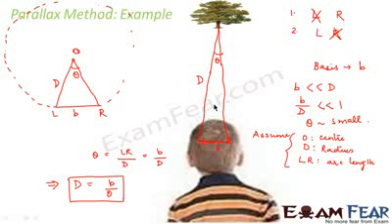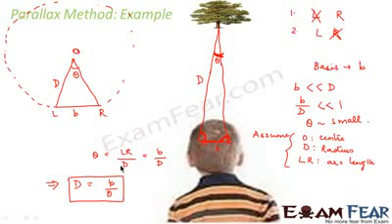Now you would ask me, practically, how will you determine the angle theta? How is it possible to practically determine the angle theta? While you are closing your left eye and observing the tree by your right eye, you can just measure this angle using a protractor. Similarly, you can measure this angle using a protractor, and using simple maths, you can find out this angle theta.